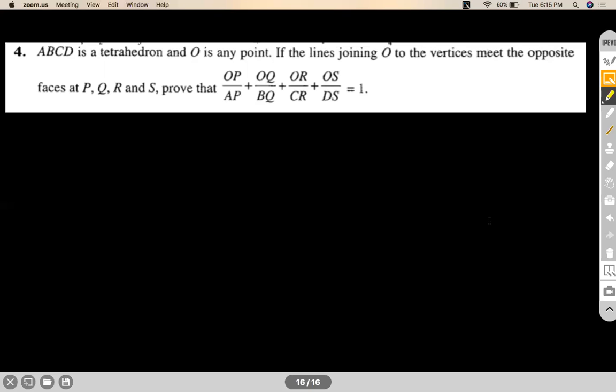Okay. ABCD is a tetrahedron. O is any point. If the lines joining O to the vertices meet the opposite faces in P, Q, R, and S, prove that this is equal to 1. Nice question.